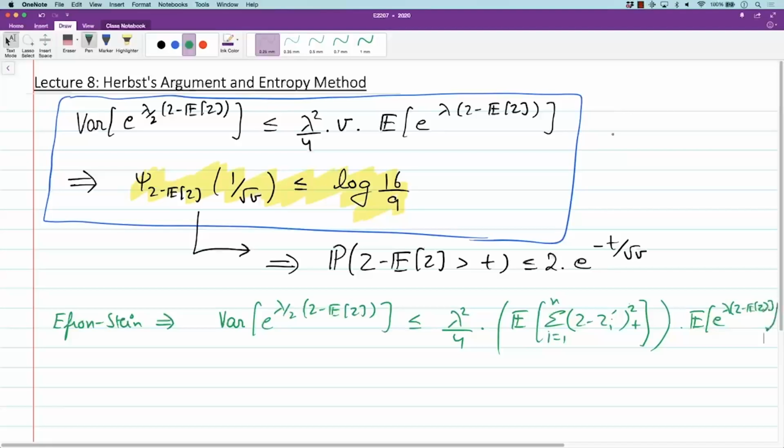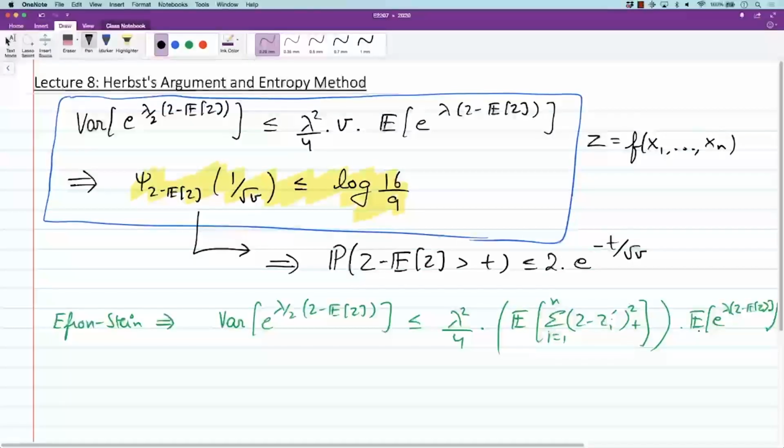And by the way, throughout, the random variable Z that we are looking at is a function of independent random variables X1 to Xn. This part of the argument is through the Efron-Stein inequality, and it uses the tensorization property which the Efron-Stein inequality gives.